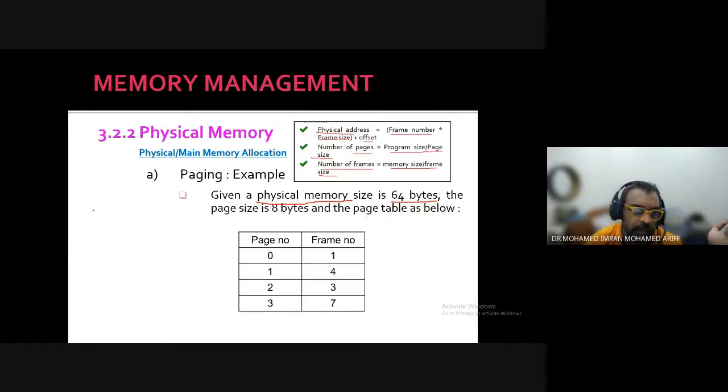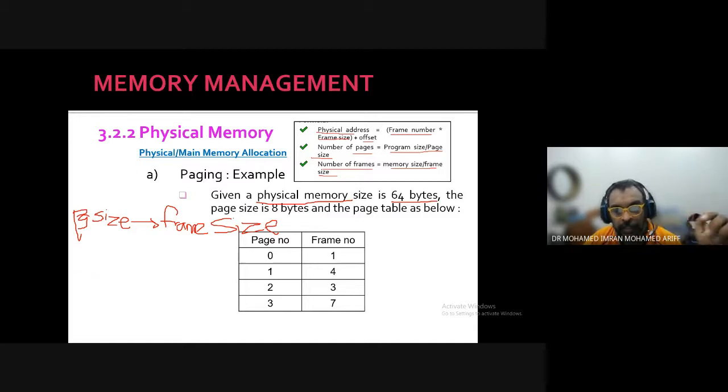Okay, so let's write this down. Page size equals to frame size. Okay, all right.